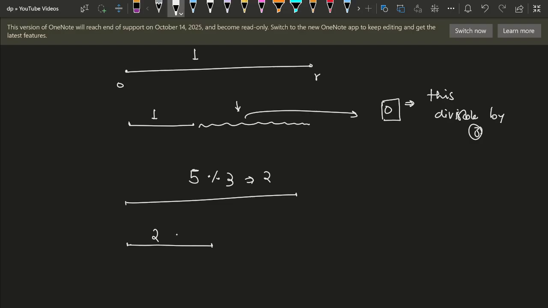If there exists another subarray which gives us the remainder of 2, then this subarray should be divisible by 3.